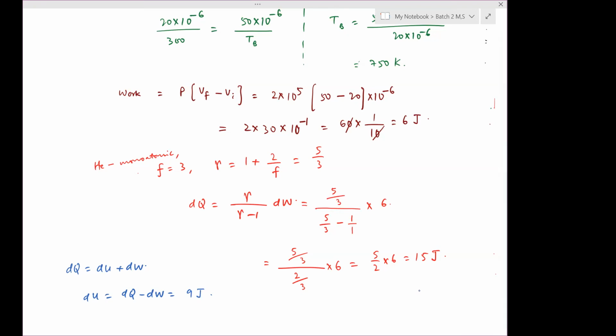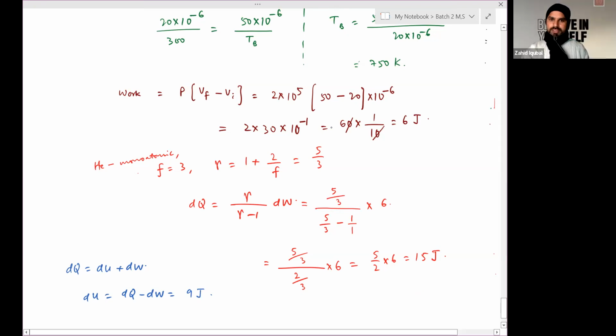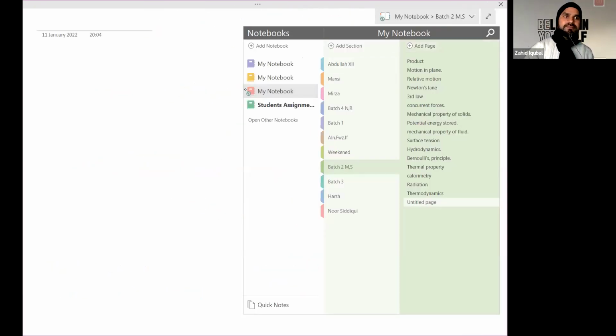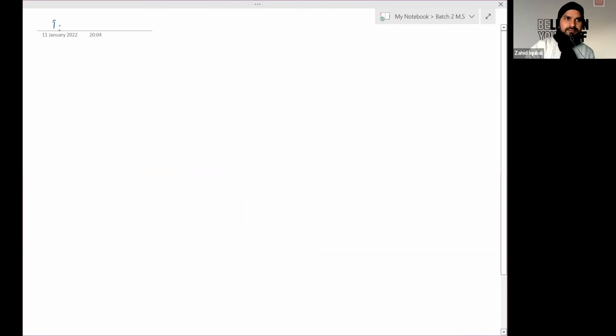Okay. So this is all about isobaric process or process at constant pressure. Next is isochoric, which is also called isometric process, or Gay-Lussac's law.